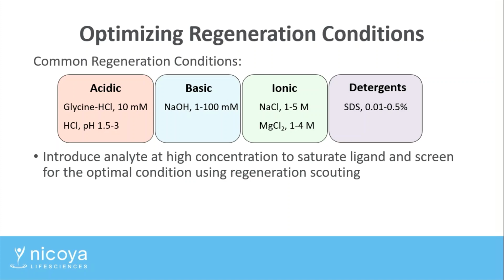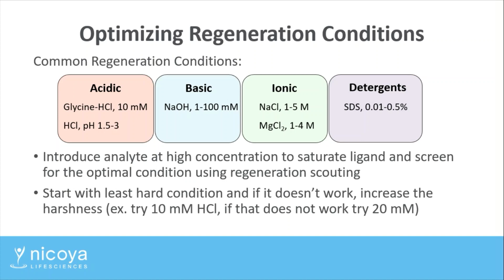Now, to determine these optimum conditions, you're going to be introducing your analyte at a fairly high concentration that will slightly saturate your ligand, and then you're going to screen for the optimum solution for your particular binding partners using a regeneration scouting procedure. This can be done by trying out a variety of different solutions, which include either acidic, or basic, or ionic, or detergent.